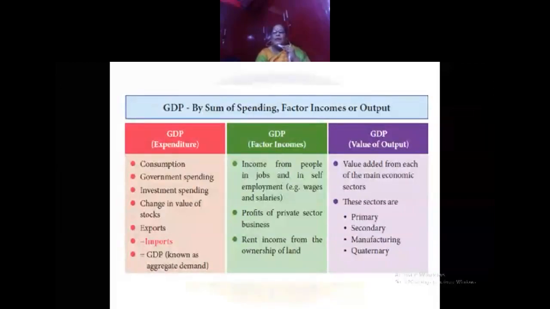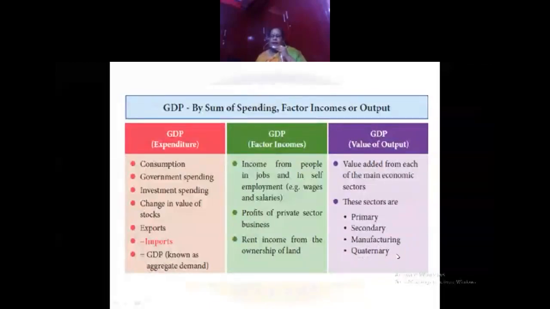The value added from each of the main economic sectors, that is primary sector, which is also called as agriculture sector. Secondary sector is also called as industrial sector. The manufacturing sector and quaternary sectors will also be called as tertiary sectors or service sectors.